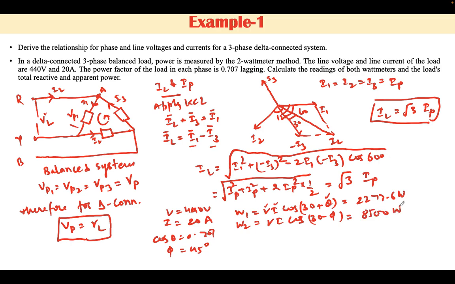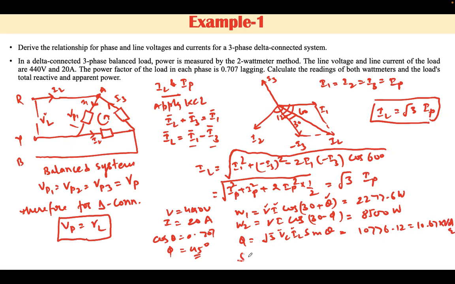Now by the definition we know Q is equal to root 3 VL IL sine of phi, because the angle is 45, and sine of 45 is also 0.707. Putting all these values, VL, IL and sine of phi, it will be 10776.12, that is equal to 10.77 kVAR.